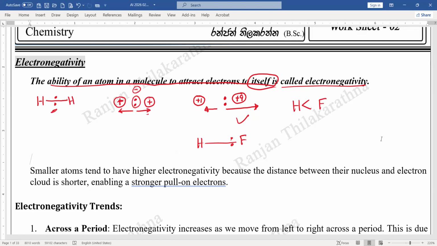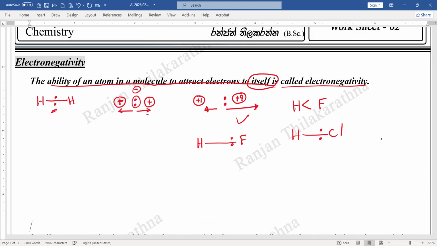Then what will happen if hydrogen and chlorine are bonded together like this? Obviously, this chlorine will attract the electrons towards itself. Why and how? We have hydrogen with only one positive charge, 1 plus.